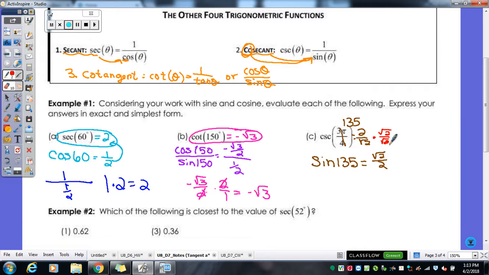We rationalize, so we get 2 radical 2 over 2. That reduces to just radical 2. So cosecant of 135 is simply radical 2.